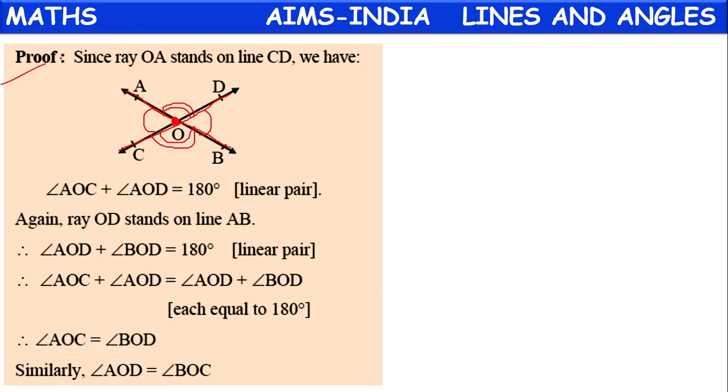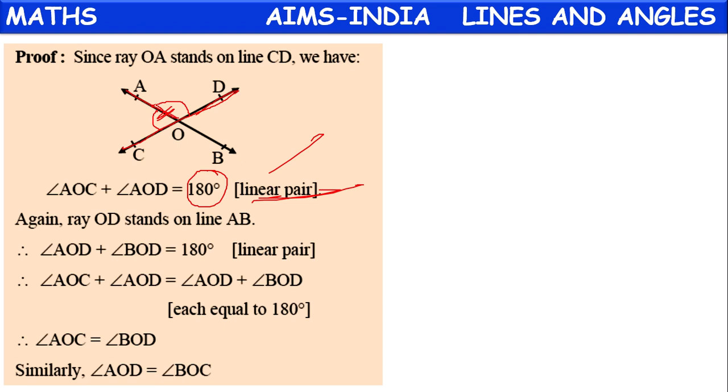Okay. So proof. The ray OA is standing on the line CD. On either side of the line, these two angles sum will be 180 degrees according to the linear pair concept, which we have learned already.